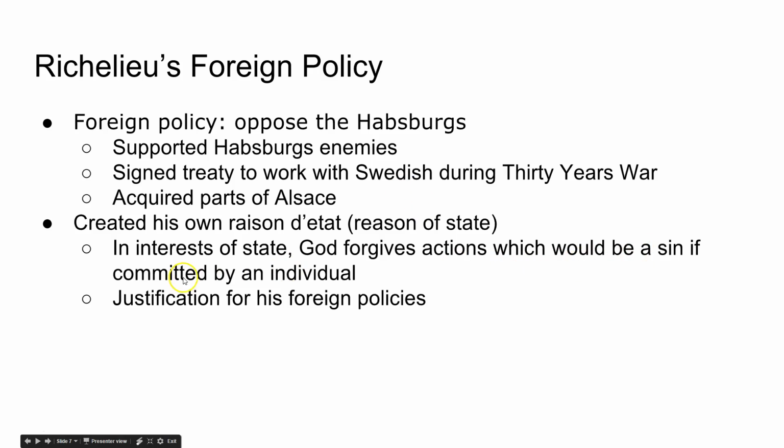In your individual life, it would be sinful, according to Richelieu, to support a Protestant over a Catholic. But in the interests of the French state, God understands that this isn't a sin, that this is acceptable behavior to support a Protestant over a Catholic.